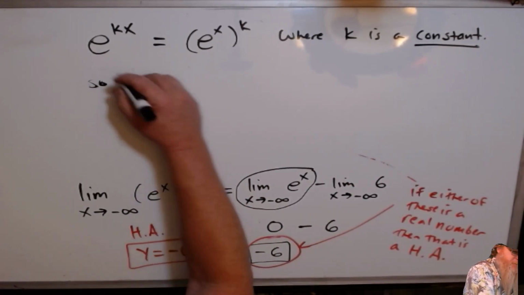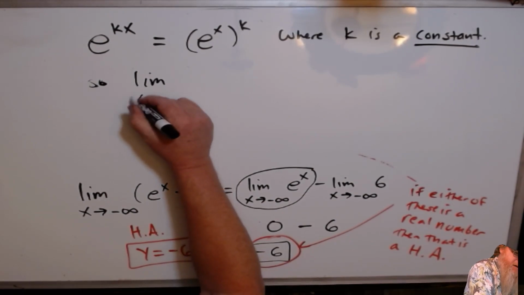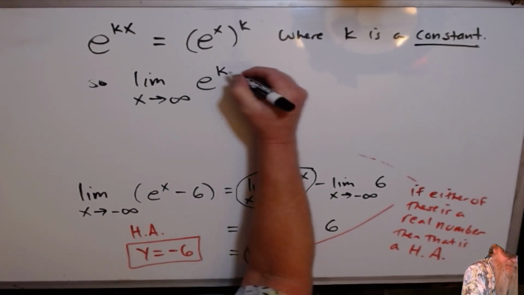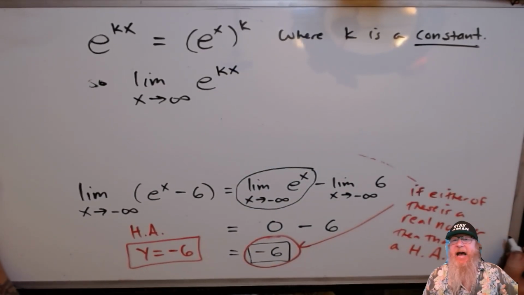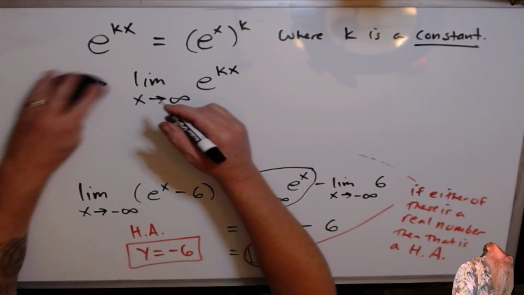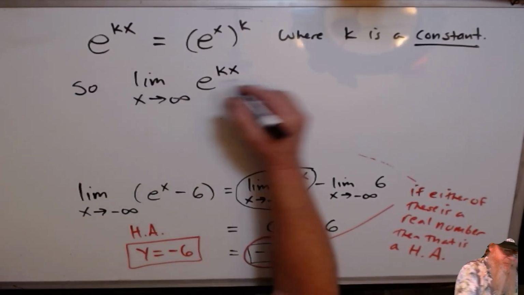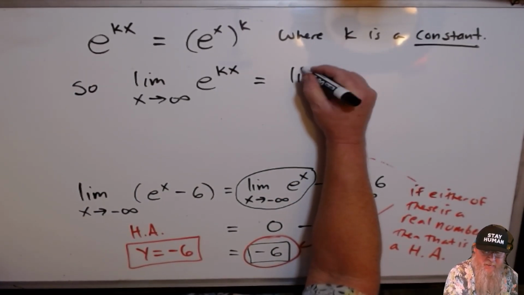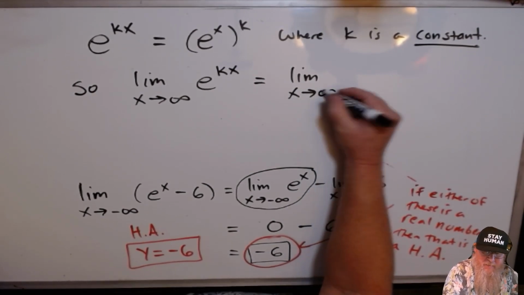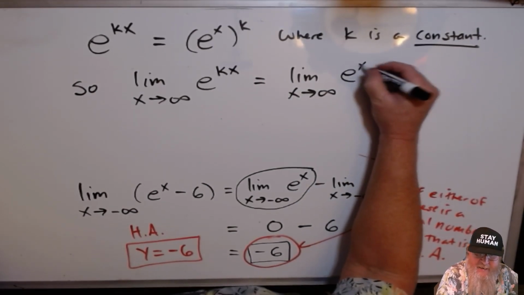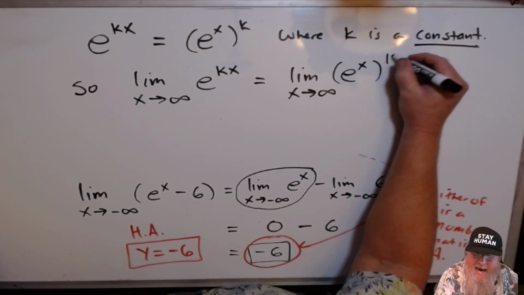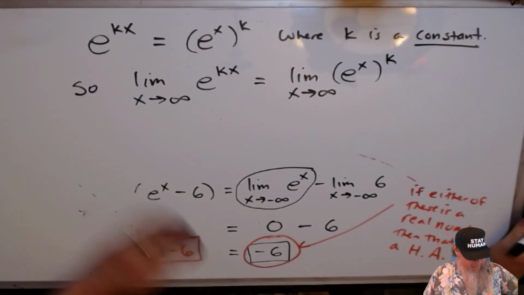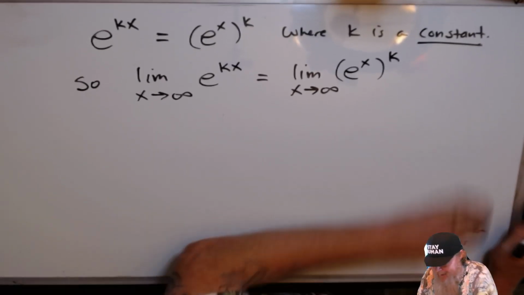So the limit as x goes to infinity of e^(kx) is equal to the limit of (e^x)^k. And we have a property for that.